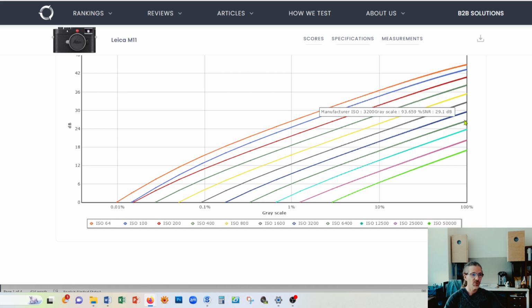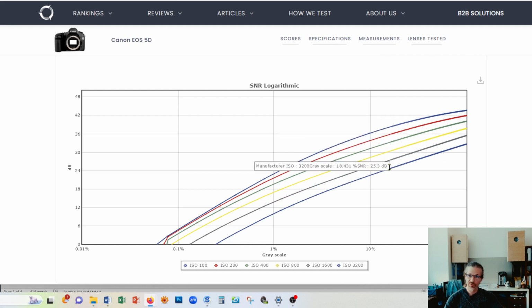And we can go to the most extreme, which will be the 3200 ISO of the Leica, which is this dark blue line here, and that's the lowest of the Canon. And the 5D Classic does not have any higher ISO than 3200 because it was really at the end of the film era, and in the film era we had 1600 ISO that was tops.